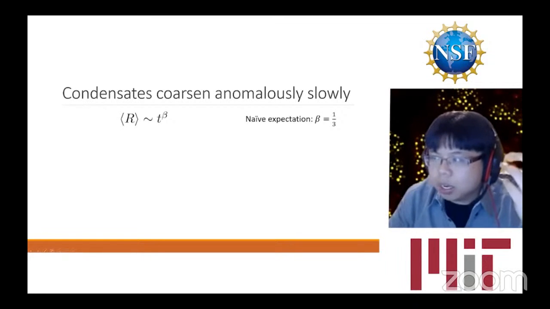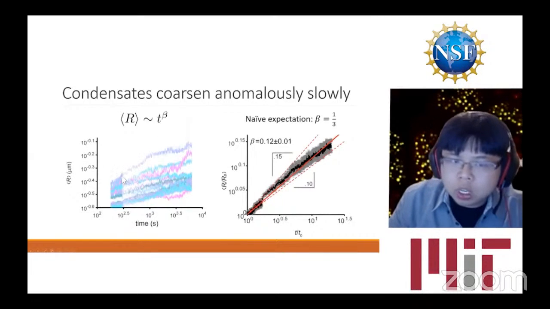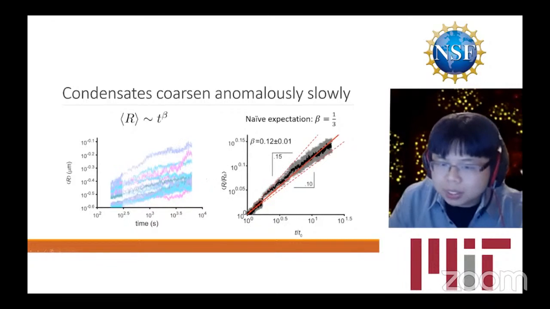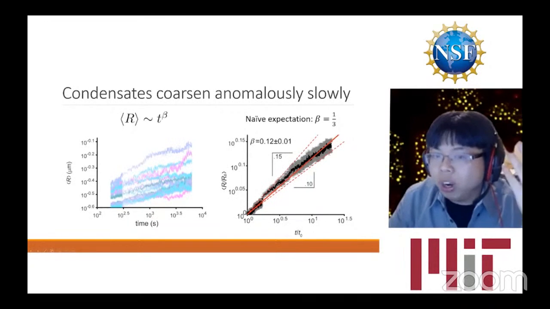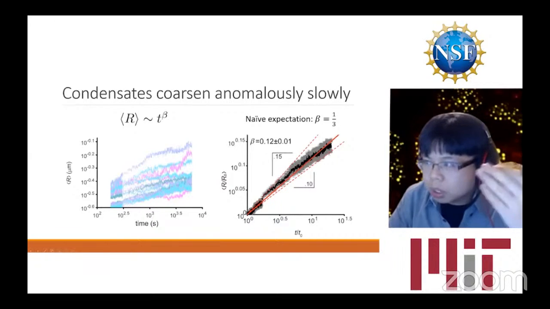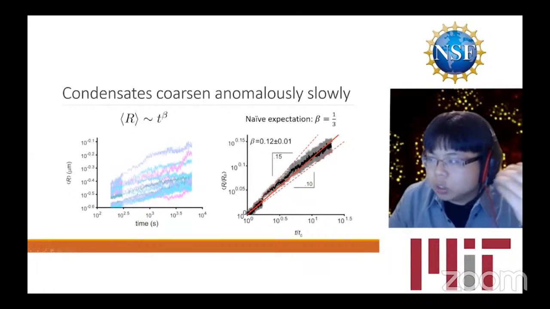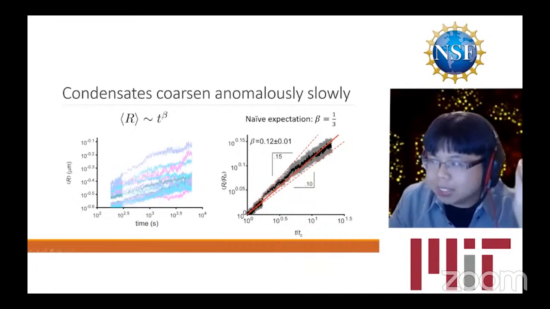Here, for a simple two-component system, we would very naively expect a 1/3 exponent. However, if we do this over quite a few cells and then perform the appropriate normalizations and averaging, we actually find a beta of 0.12. And this, of course, is much less than 1/3. Given this difference, we can ask, what is the physical basis of that deviation?